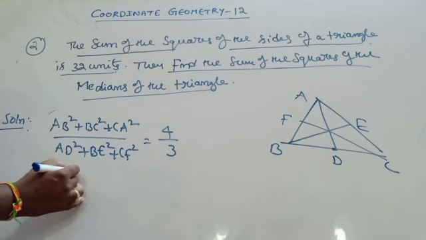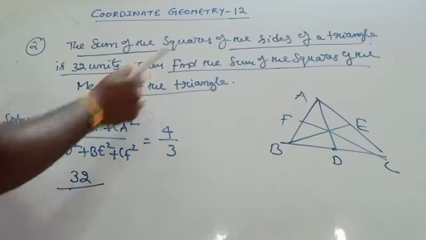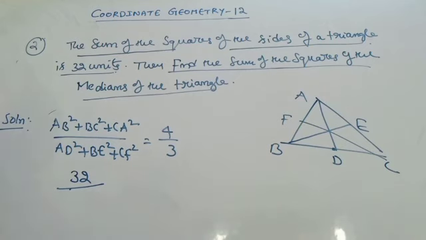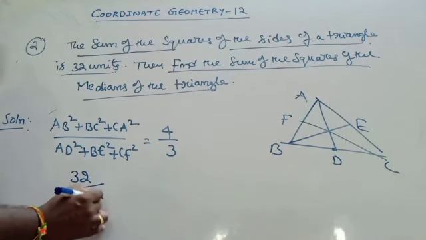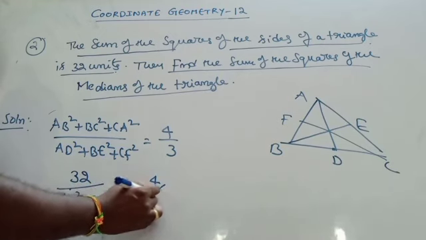That means they given 32. This is what we require to find: the sum of the squares of the medians of the triangle. That means AD² + BE² + CF² is the one, and the ratio is equal to 4 by 3.